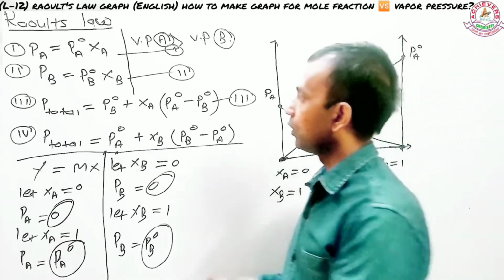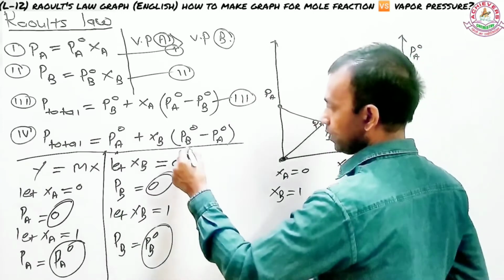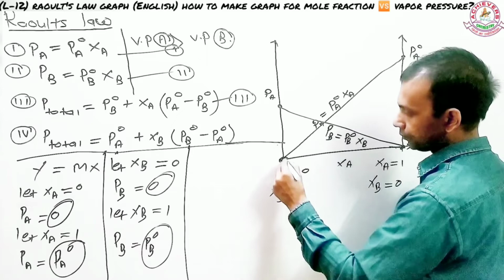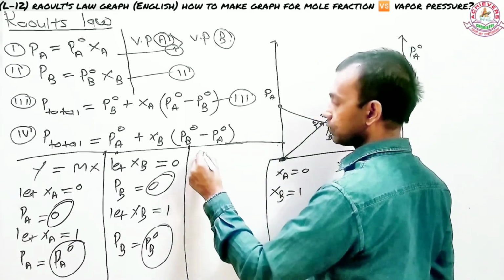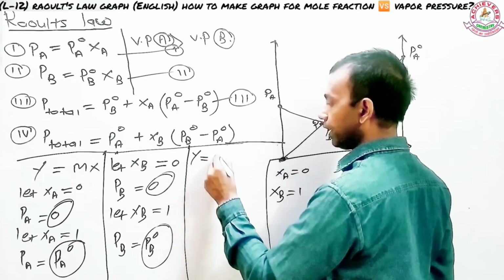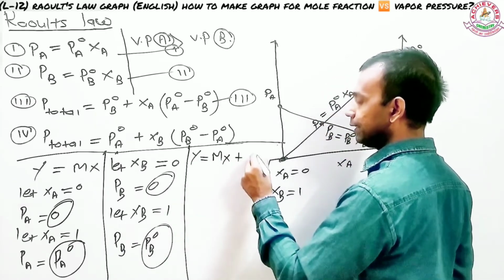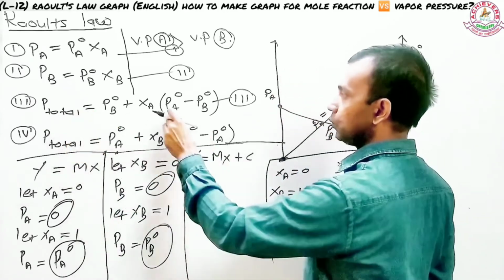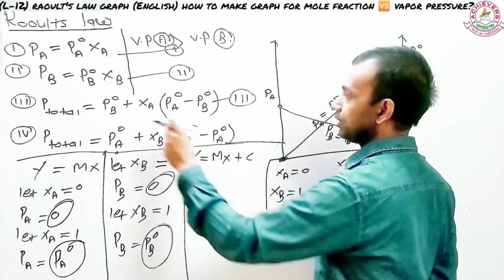Now we need to move on and find out the graph for the total pressure, and for doing so we again have to use another equation here. If you remember another equation, y equal to mx plus c, right? Now y represents P total, m represents these constants, x represents XA, and this c represents PB.